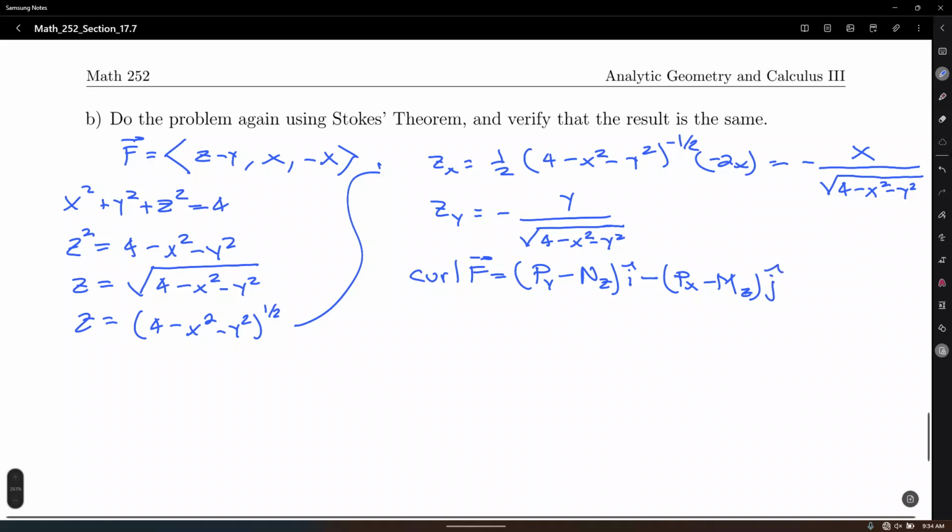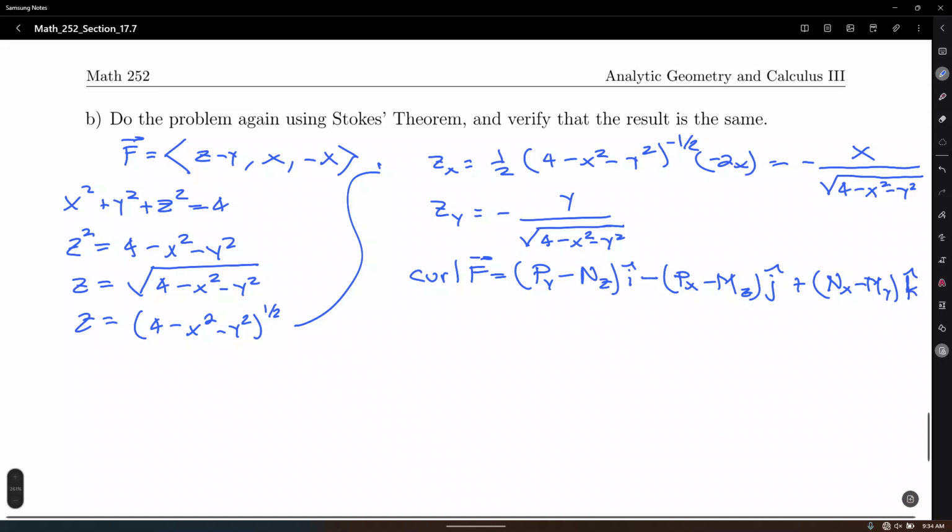So that's the rotation about the y-axis, plus the rotation about the z-axis, which is N with respect to x, minus M with respect to y.